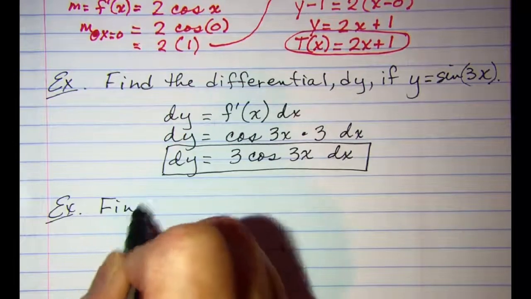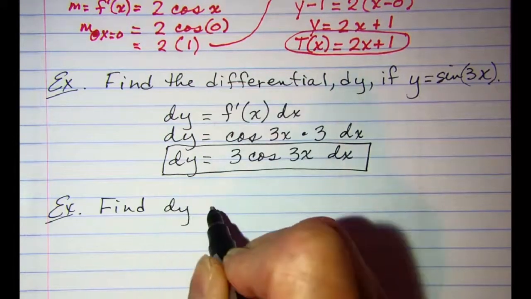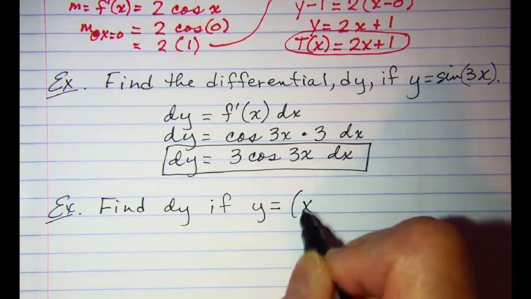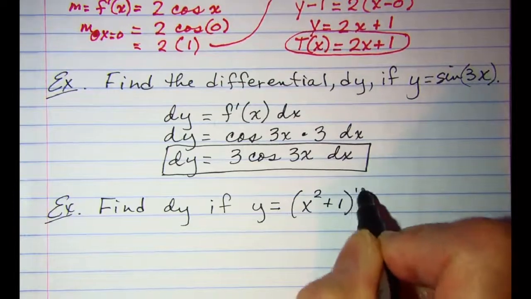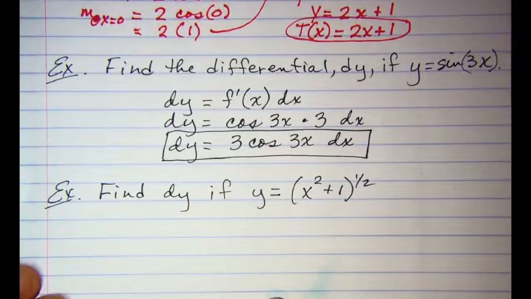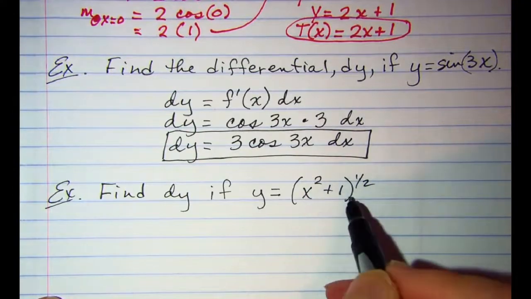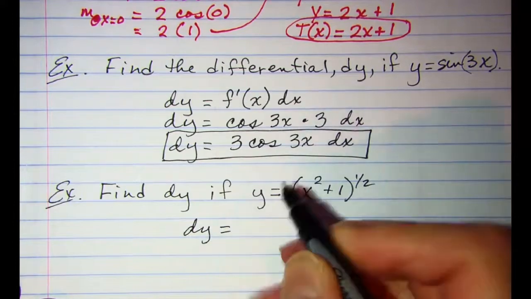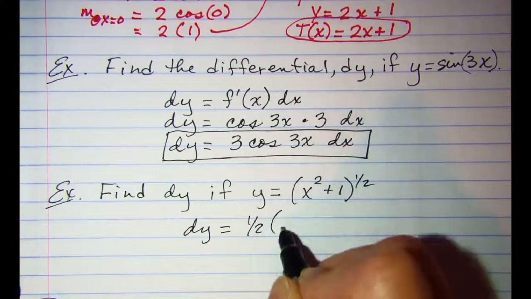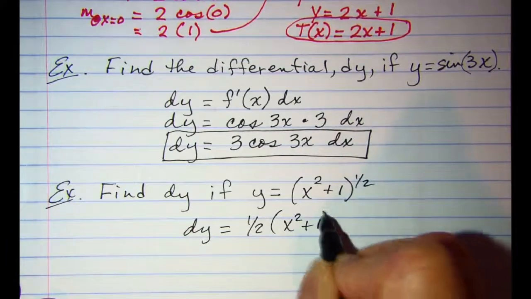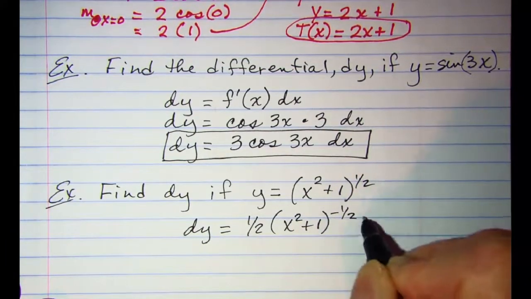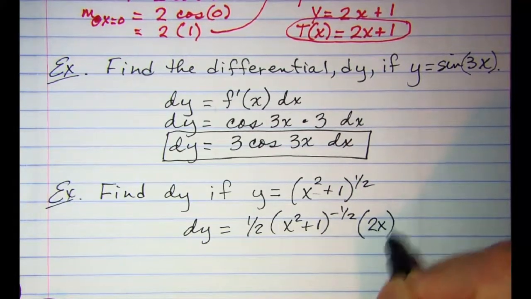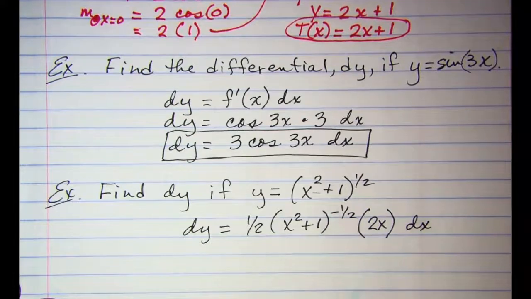Find dy if y equals the quantity x squared plus 1 raised to the 1/2. So by definition, we just need to find the derivative of this expression. So dy is equal to 1/2 that quantity x squared plus 1 to the negative 1/2 times the derivative of the inside stuff, which is 2x, times dx.